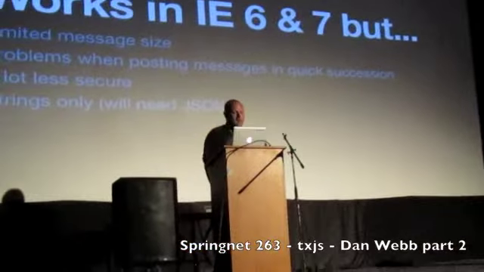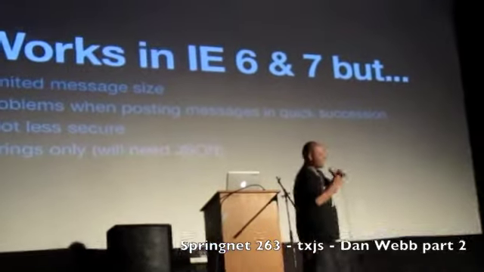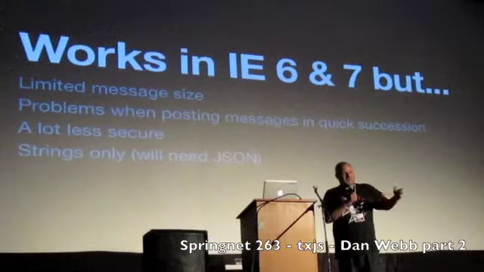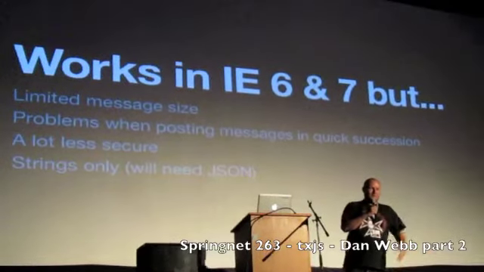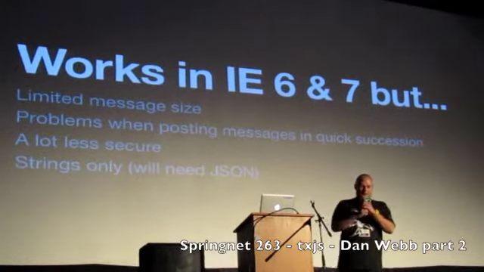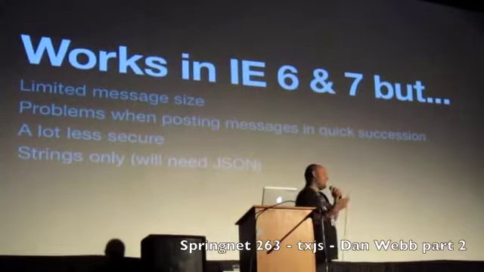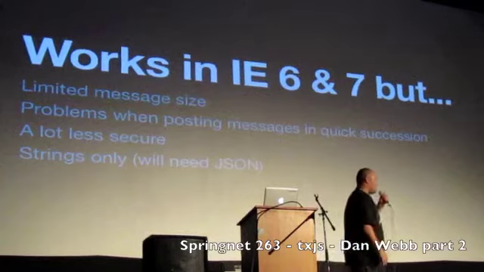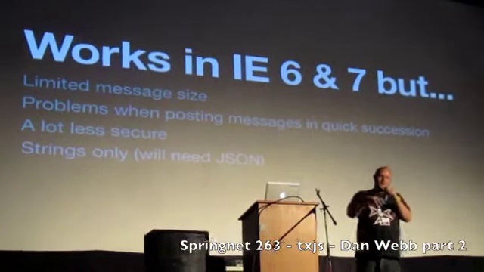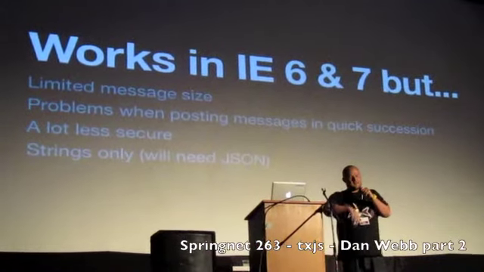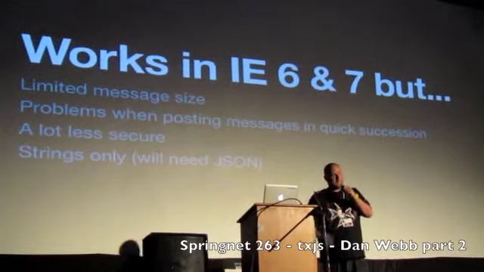It's not much. There are also problems when you're trying to post messages in quick succession. Because you're relying on a poll, if you send two messages very quickly, one overwrites the one before it, before the poller has managed to grab the data, so you sort of drop messages sometimes. There are ways of slightly mitigating that problem, because rather than polling, you can do tricks with triggering a window resize, which then tells the JavaScript to go and grab a new value.